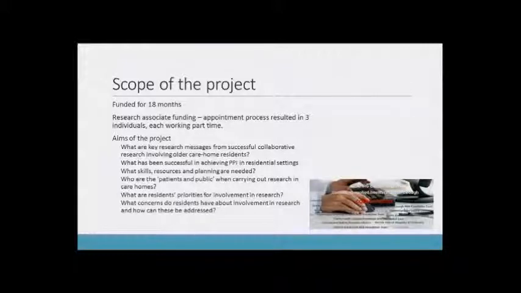But also to think about who we mean when we use this language of PPI, patient and public, and what that means in residential care homes, which are homes and not hospitals where people would be identified as patients, and surely people in there are citizens and the public. We were also interested in, in enacting a participative process, what residents' priorities for involvement are, what concerns they might have, and how these can be addressed.